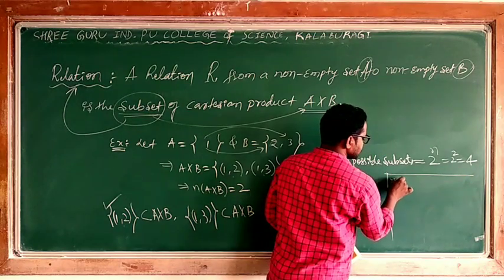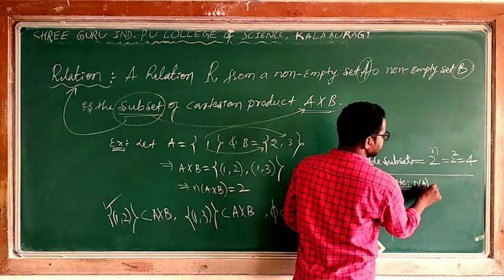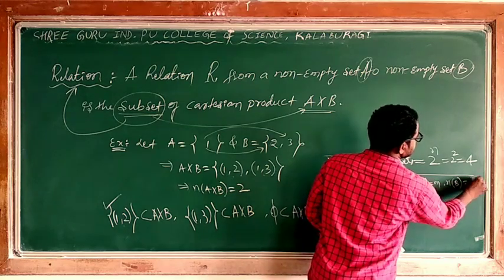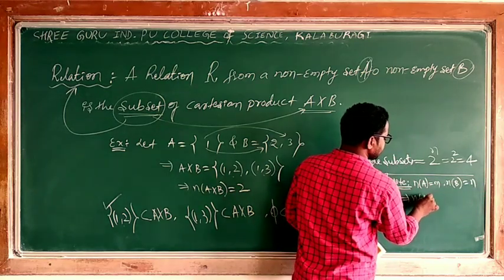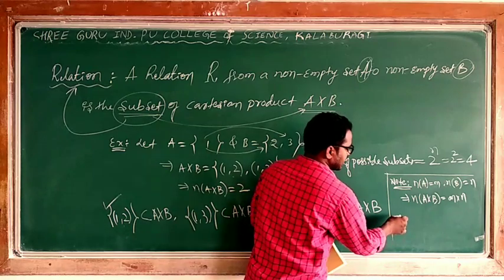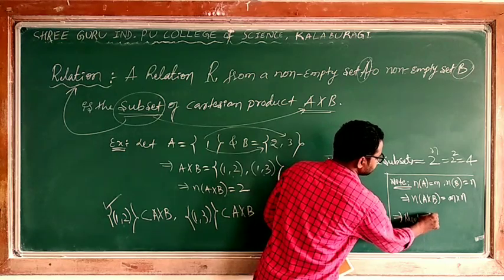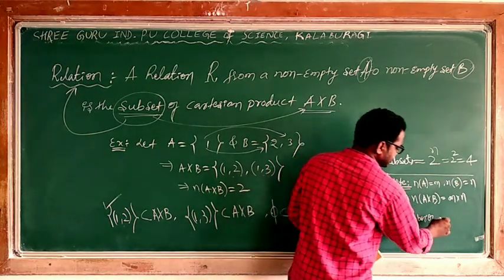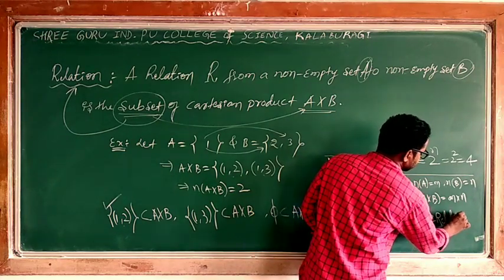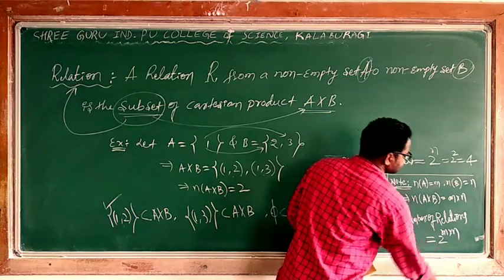When n(A) has m elements and n(B) has n elements, it implies that n(A cross B) is equal to m into n elements, and also it implies that the number of relations is equal to 2 to the power m into n.